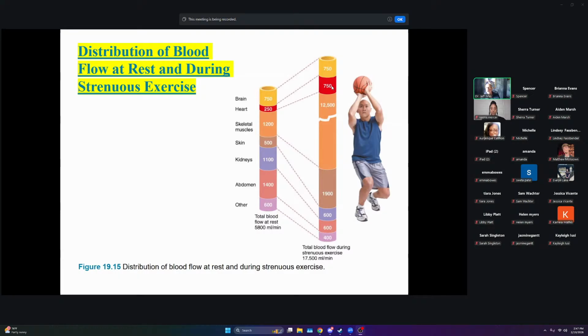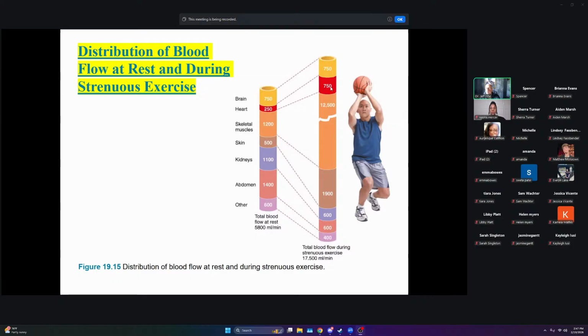However, in the heart, as you guys already would guess and know, if we start to exercise and suddenly the muscles of our legs and arms require more oxygen and more glucose and more ions and enzymes like sodium and potassium, so those muscles can continue to depolarize and contract, we need more blood flow.